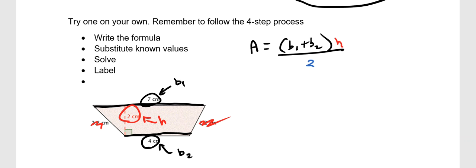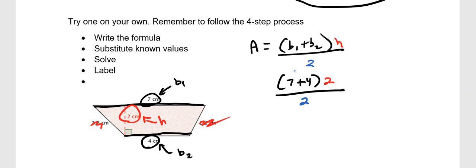Okay? So substitute what you know. Base 1, 7, plus base 2, 4, times the height, followed by dividing by 2. The rest of this you're on your own.